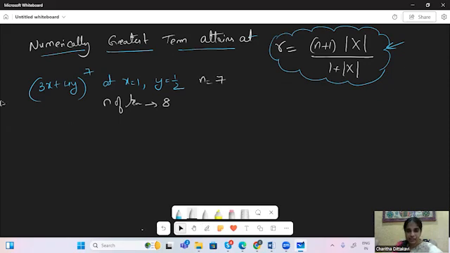Clear? n is 7. The number of terms in the expansion is 8, which means out of these 8 terms you get various combinations: (3x) to the power 7, next (3x) to the power 6 and (4y) to the power 1, next (3x) to the power 5 and (4y) to the power 2. So you keep decreasing the powers of 3x and increasing the powers of 4y, and you get various combinations.